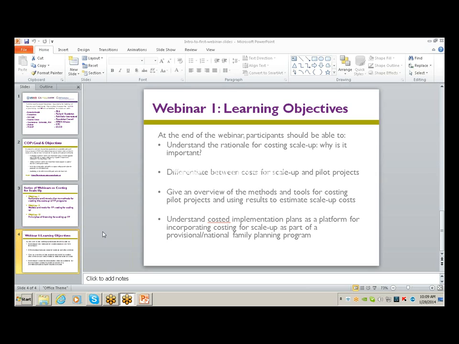His research focuses on economic aspects of health programs in low and middle income countries. Specific topics include costing of interventions and services, cost effectiveness, and estimating resource requirements associated with scale-up.